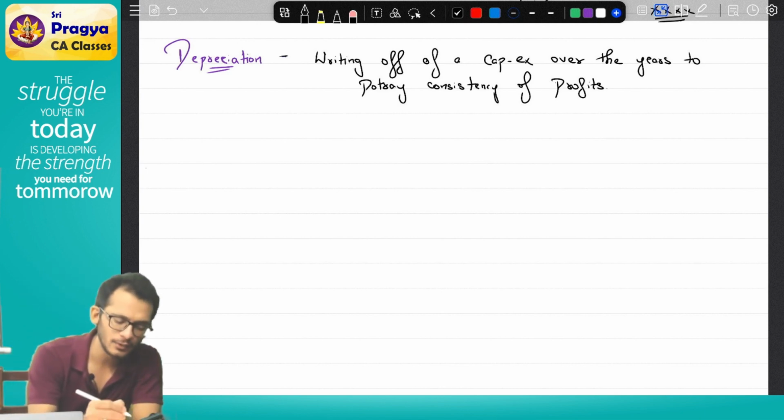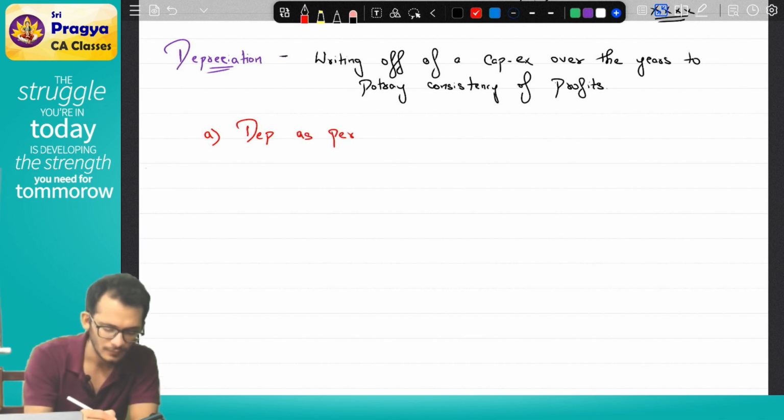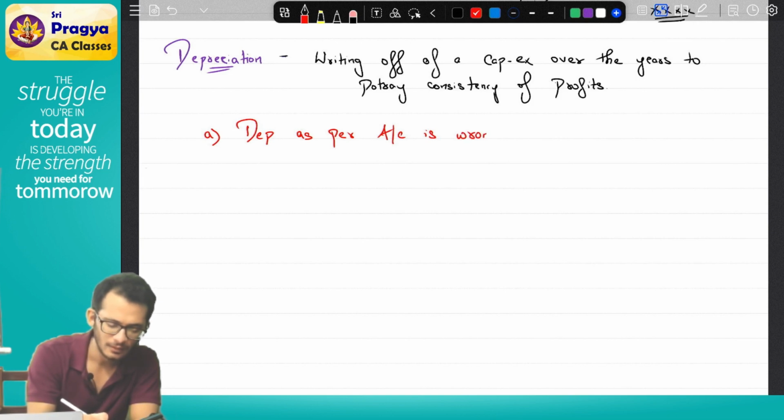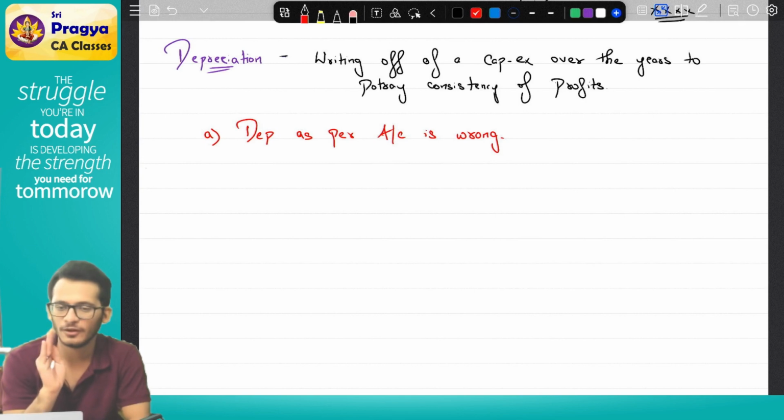Now, since I am doing depreciation under income tax, I am going to tell you some rules. For me, rule number 1 itself is that depreciation as per accounts is wrong. There is one big rule which I follow: depreciation as per accounts is wrong. I don't care.